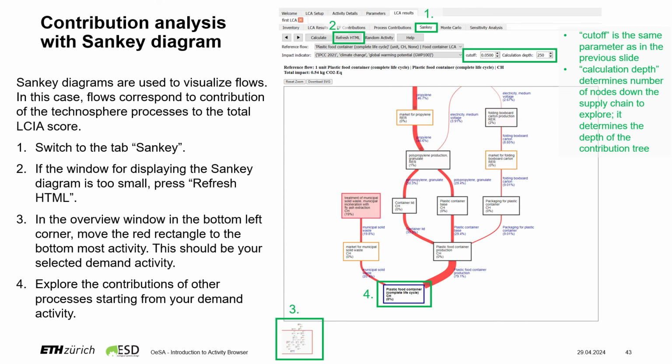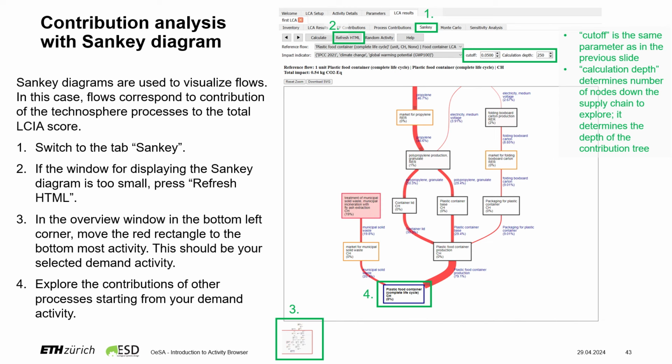Now, if you move to the Sankey diagram, I guess this one is the more interesting one, and here you might need to do refresh HTML so that it's more full screen. But essentially, you can see contribution analysis with the Sankey diagram. So we start with the plastic food container, and we can see how much is the treatment of waste, or how much is the container production, where the impacts are coming from.